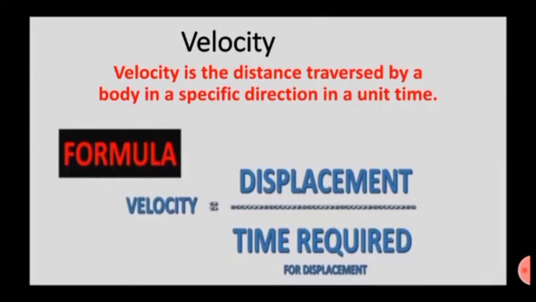Velocity. Velocity is the distance traversed by a body in a specific direction in a unit time. The velocity of a body can be calculated by the following formula. Velocity is equal to displacement upon the period of time required for the displacement. For example, a train moves at a high velocity. Velocity is the rate of motion, speed or action.